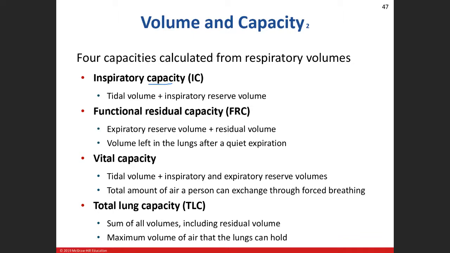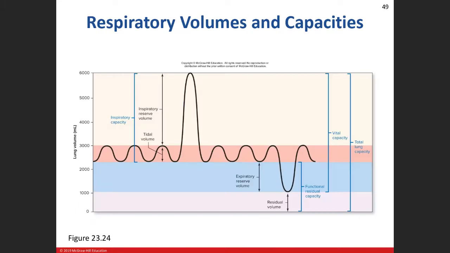So the inspiratory capacity is when we add your tidal volume plus that inspiratory reserve volume. Let me show you on this little graph here. During normal eupnic, or quiet breathing, you can see on the spirometer the normal amount of volume of air that you're breathing in and out.